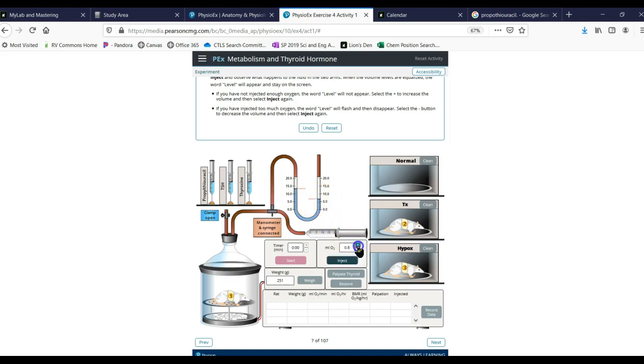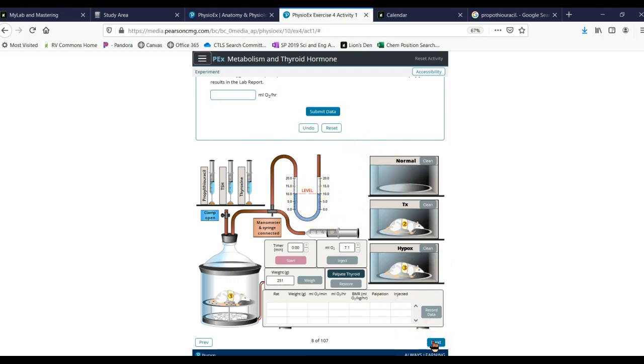I can tell you it's usually about 7 or 7.1, and here again you have to hit the mouse like 70 times to get it to 7, because every click is 0.1. And then you inject. Now it's putting air back into the tube to replace the air that the rat had consumed. Let's do 7.1. Hey, we're level. So we got them level, then we hit next.